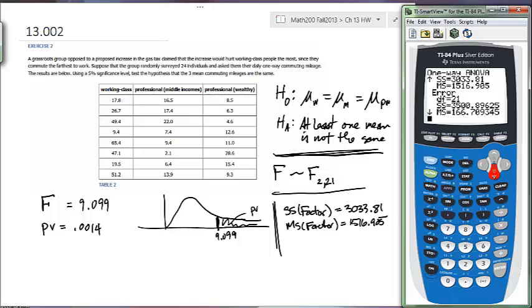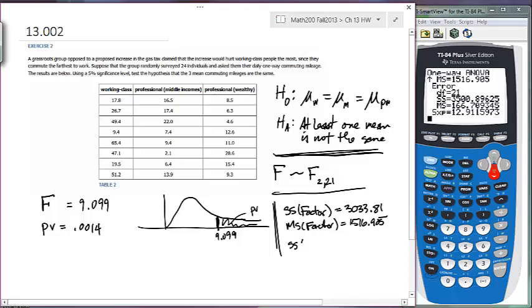If we keep scrolling down, we see the SS error is equal to 3500.896, and the MS error is 166.709.